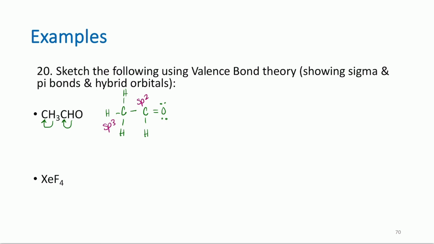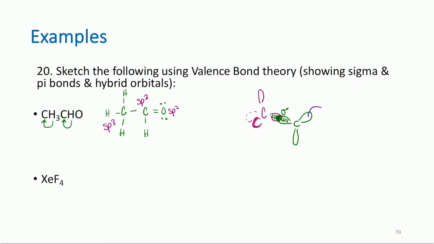sp3, sp2, sp2. So that first carbon is sp3 hybridized. I'm going to draw in all my bonds to my carbon and oxygens first. My sp2 hybridized carbon has a sigma bond to that carbon.